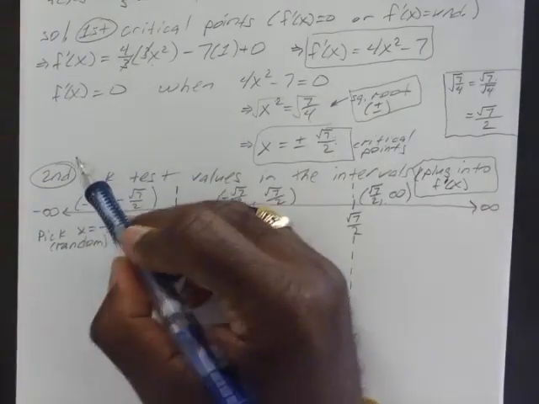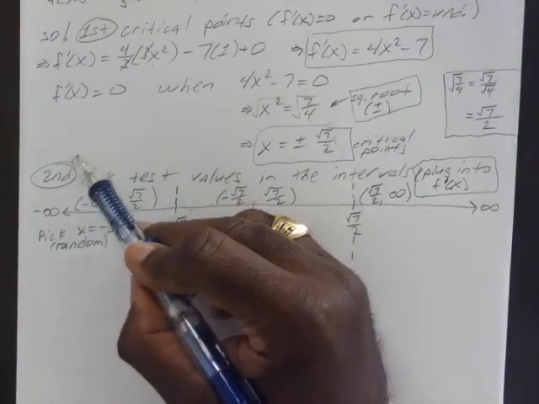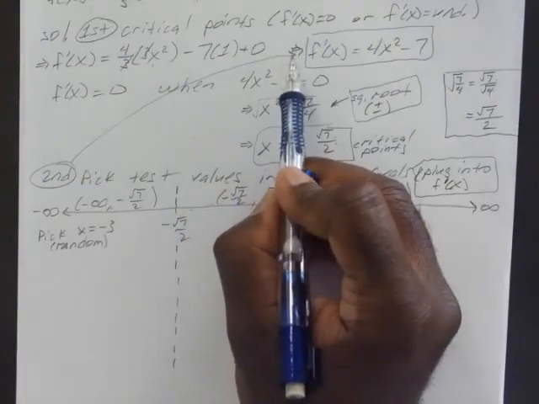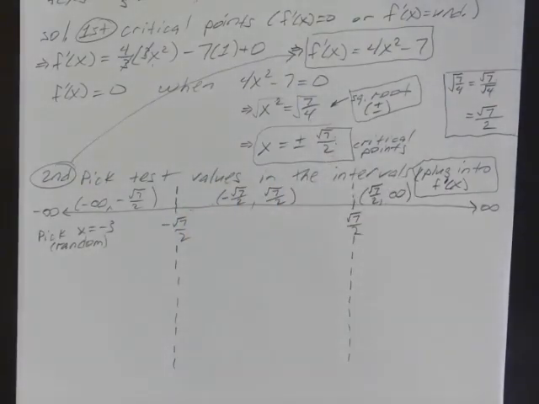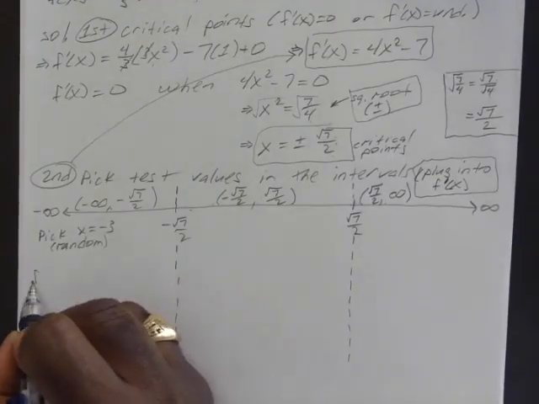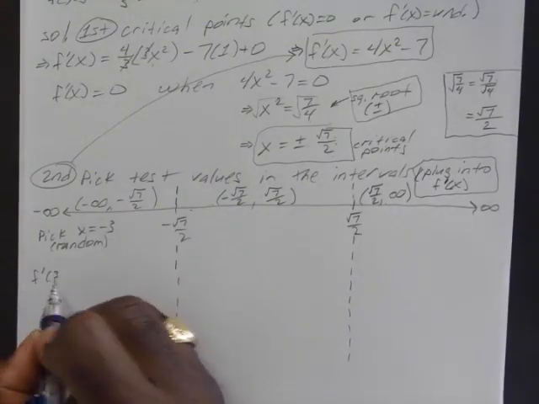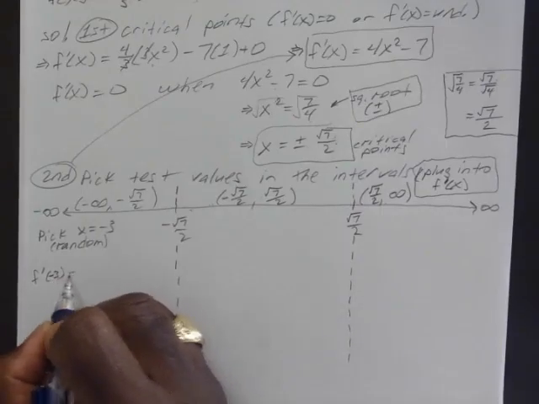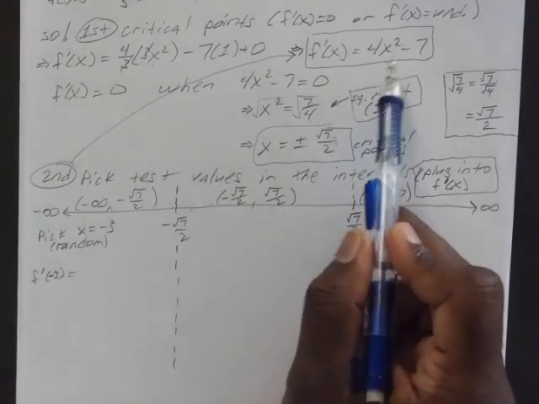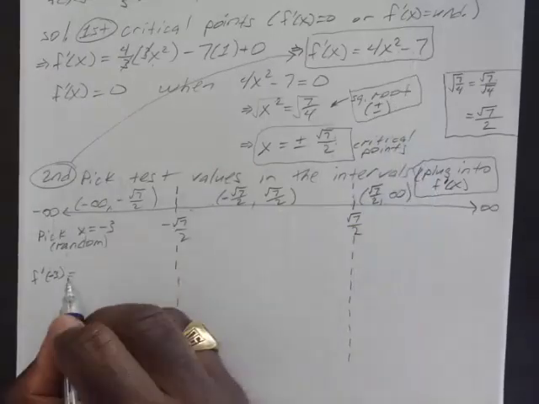So I don't like to draw too many arrows, but I'll draw a little arrow up to the derivative to kind of show that's what we're plugging it into. Okay, so f prime of negative 3 is equal to 4 times negative 3 squared minus 7.